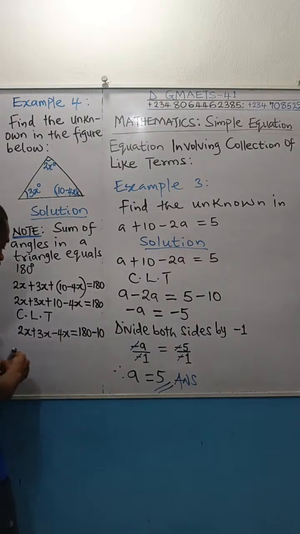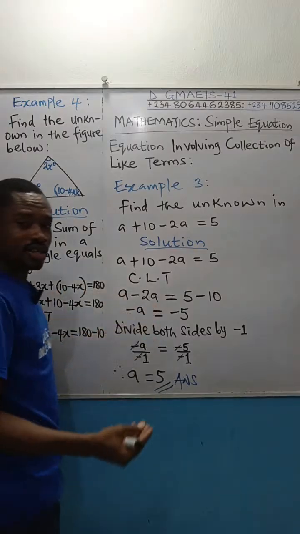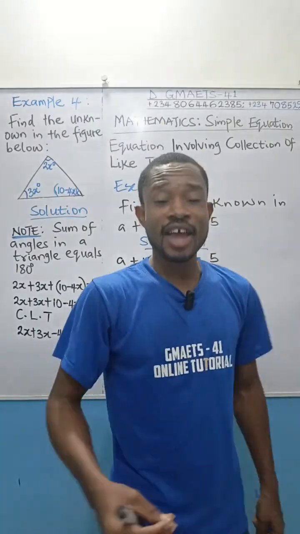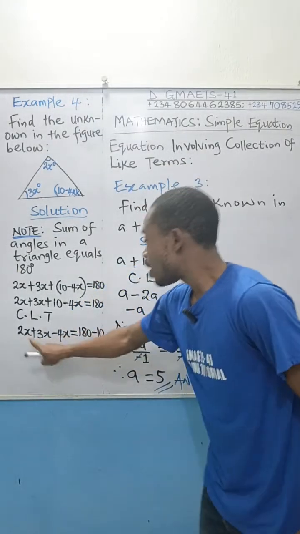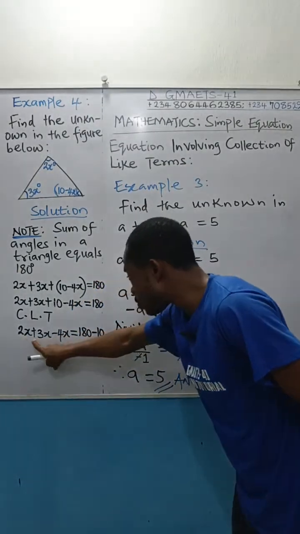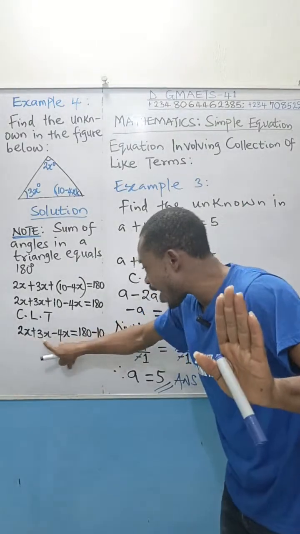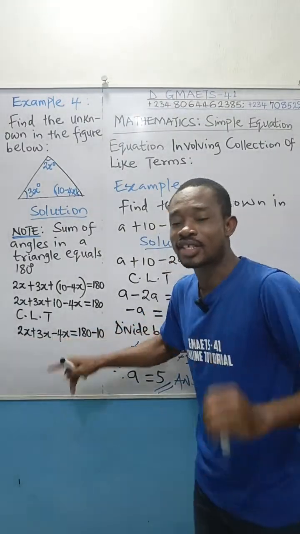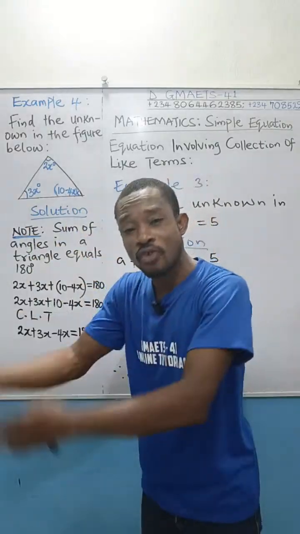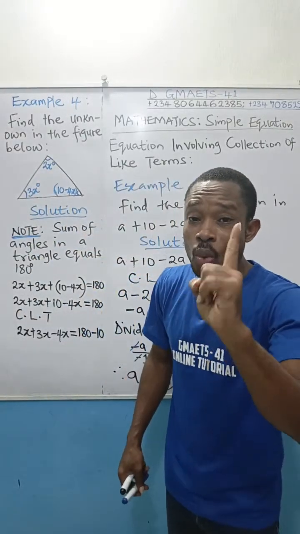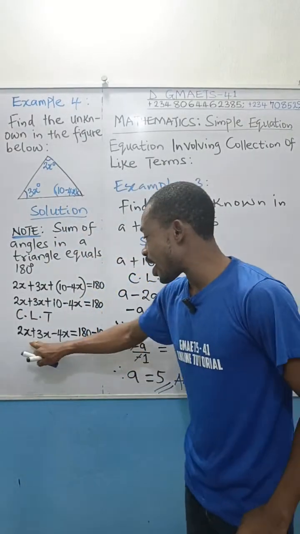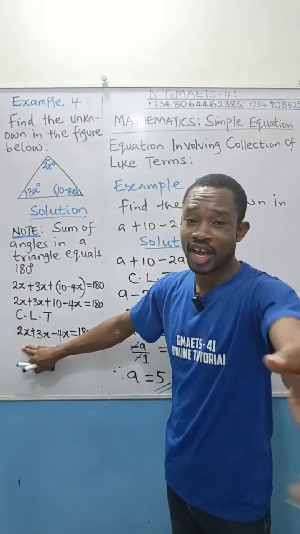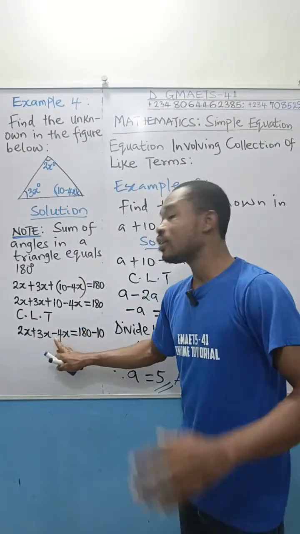Simplify this. 2x plus 3x will give you 5x. 2 plus 3 is 5. 5x minus 4x. Out of 5x, you remove 4x. You will be left with 1x. Remember, 5x means you have 5 of the x. Then you are owing 4x.